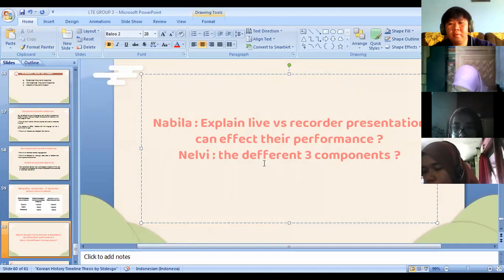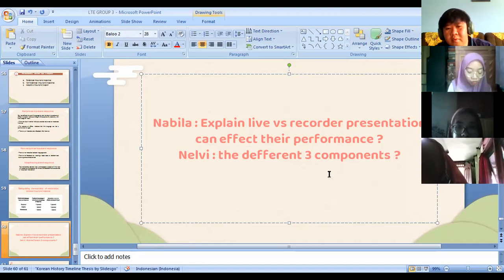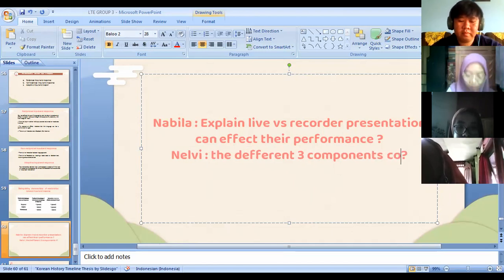So what are the differences between those components in the context of classroom-based evaluation and also in strategy for classroom-based evaluation? I'm sorry, Kak Nelvi, you speak too fast. It is between contextual classroom and strategy, Kak? Pardon? Strategy. Oh, strategy. Okay, thank you so much.